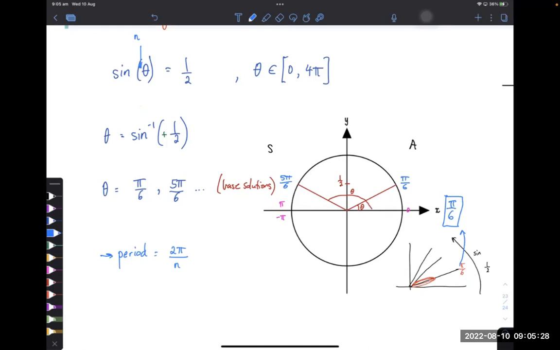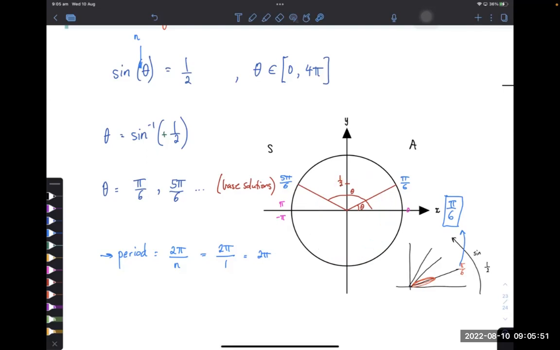What's our n in this case? 1. So 2 pi over 1, which is just 2 pi. Okay, which is what you said. And you can see it here visually as well. If I want to get back to the same spot, I need to go by 2 pi. Same with 5 pi on 6. If I want to get back to that same spot, I need to add 2 pi as well.